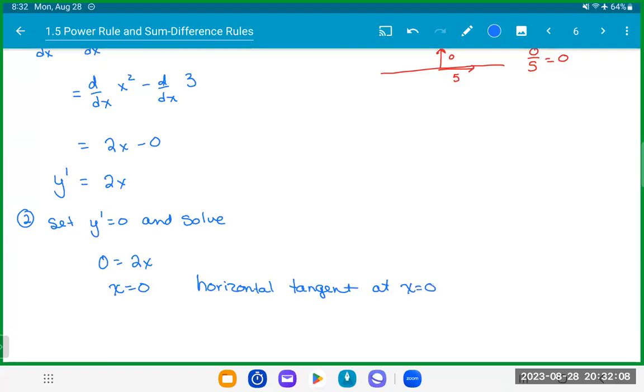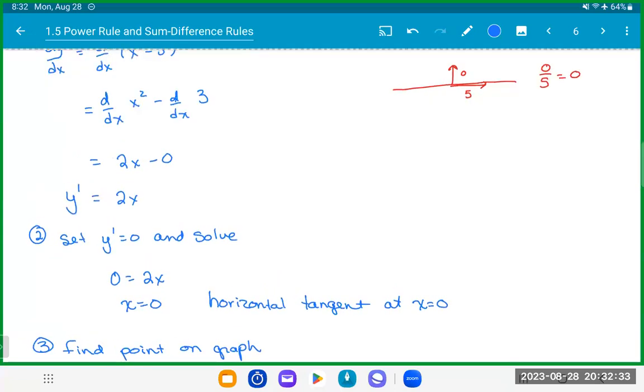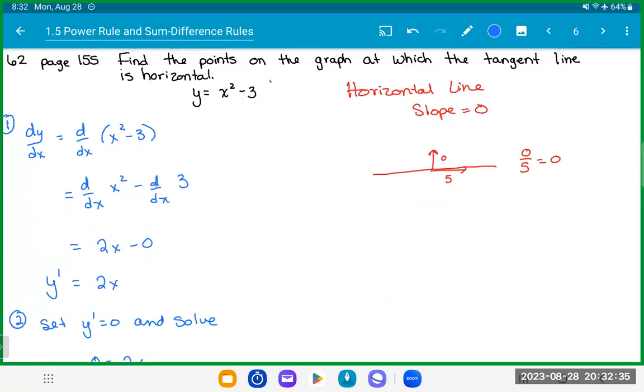At x equal to 0. So now we just need to find the point on the graph where that is. So we would say y equals 0 squared minus 3, right?